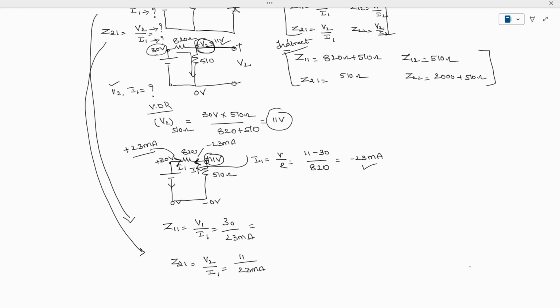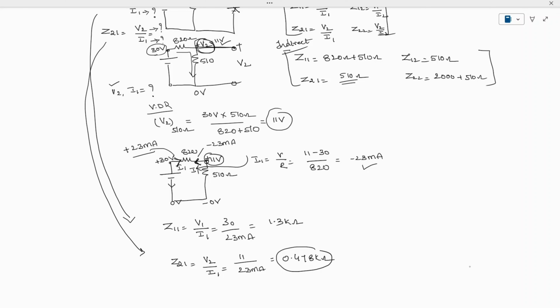Use your calculator, then you can find that Z11 is 1.3, and this 10 to the power minus 3 will come to the numerator, which gives 1.3 kilo ohm, and Z21 we get as 0.478 kilo ohms. Here 478 is approximately 500, here also 510 ohms. Almost all the answers are the same.